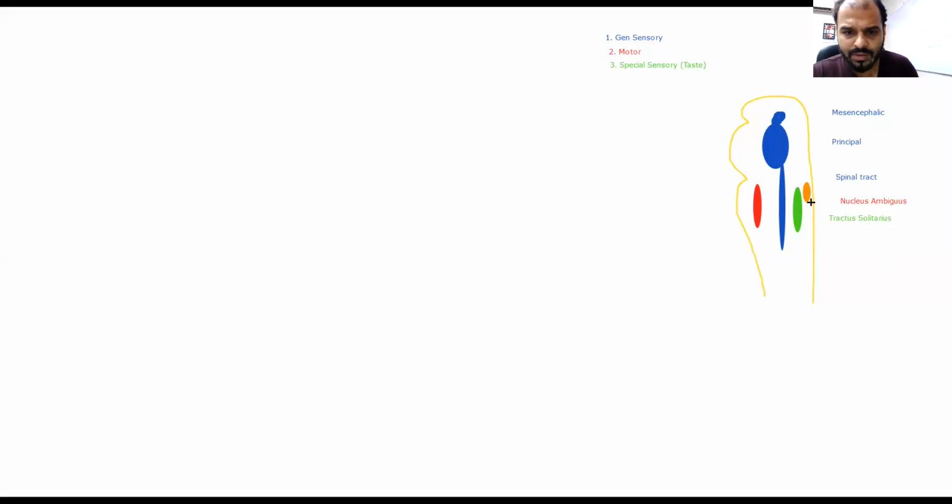This is a parasympathetic nucleus. And its name is, kindly repeat, dorsal nucleus of vagus. So that's very good. And it is parasympathetic, so the fourth function we write here is parasympathetic.